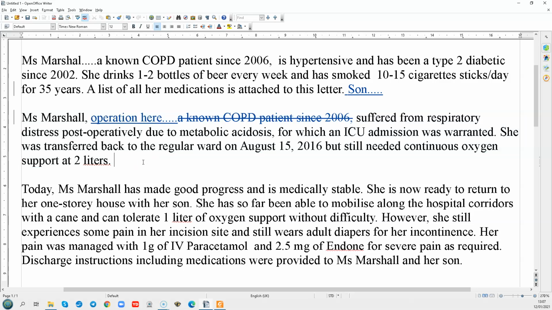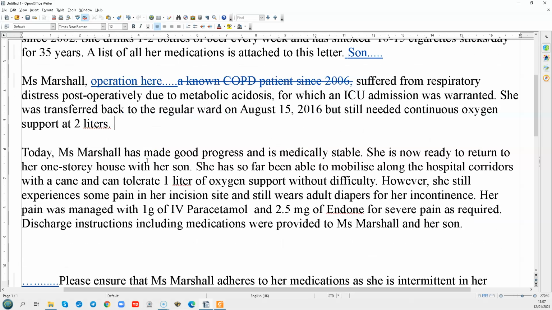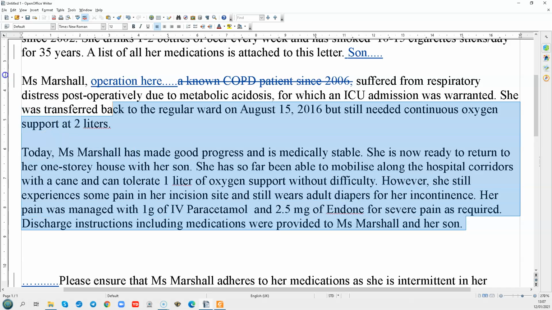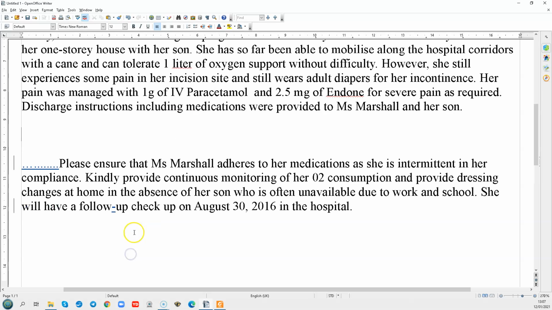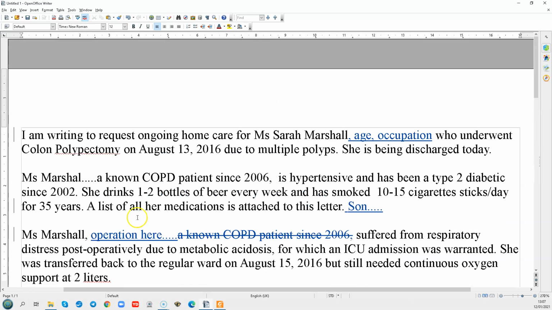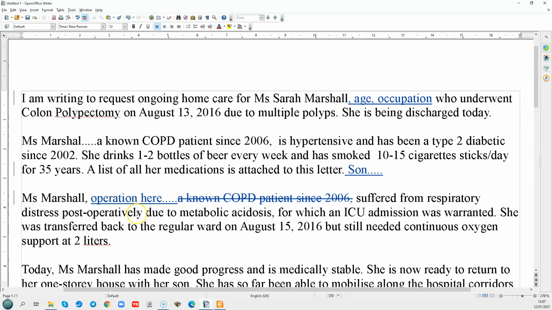She went in for an operation. She's made good progress. She's coming out. However, she needs a bit of help with this and that. And that's it really. So there are a few things here which we probably would not need. Okay, not too bad. Again, it just needs a bit of reworking.